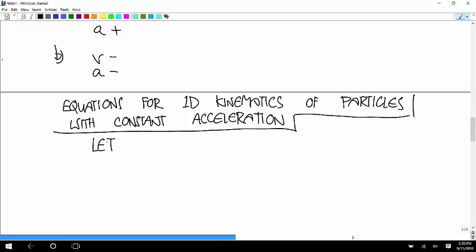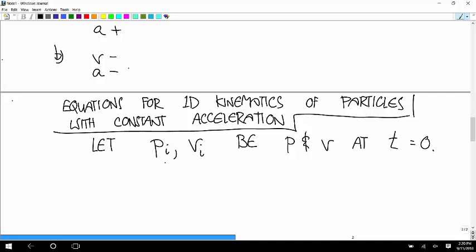So I'm going to define the meaning of a few variables. Position sub I and velocity sub I, let those be the position and velocity when time is equal to 0.